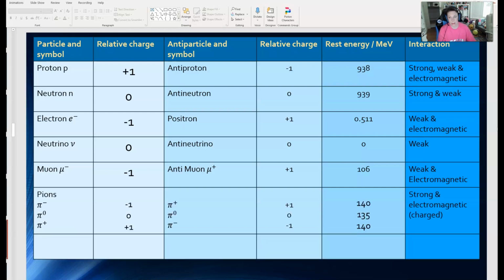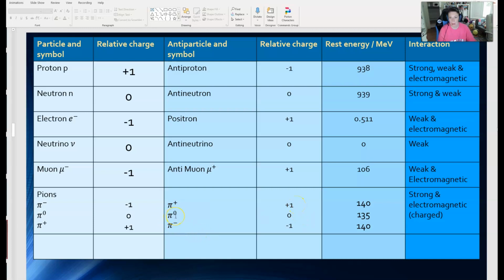Then you have the pions. You get 3 types of pion: pion minus, pion 0, pion plus. They have a symbol pi, and they have relative charges of -1, 0, +1. Their antiparticles are each other. So a pion minus, its antiparticle is a pion plus and would have a charge of +1.